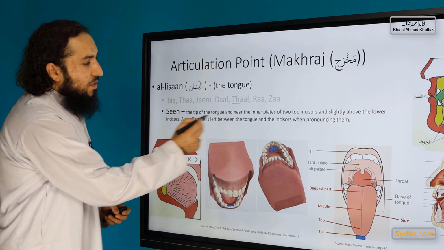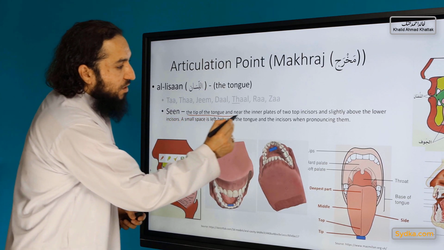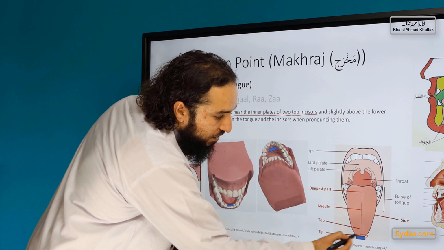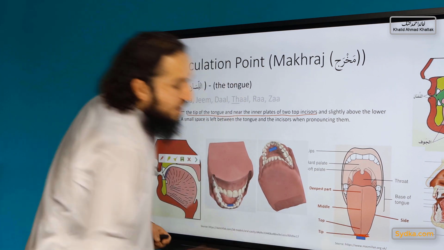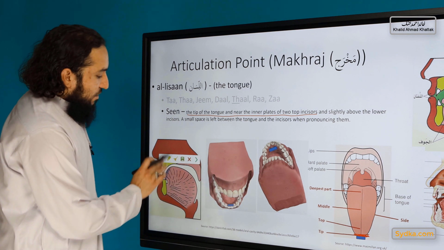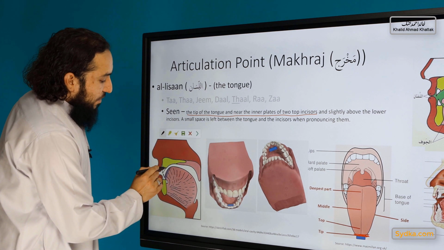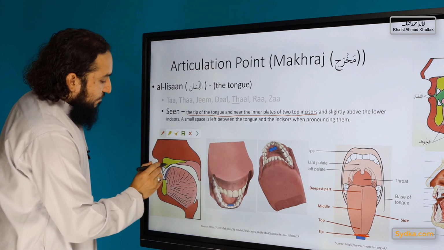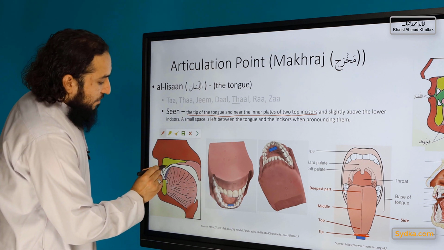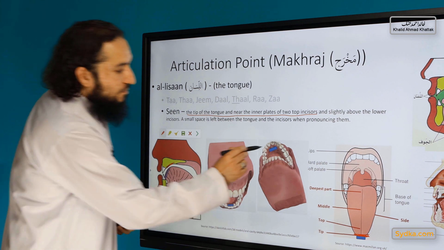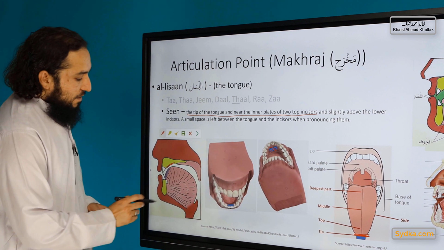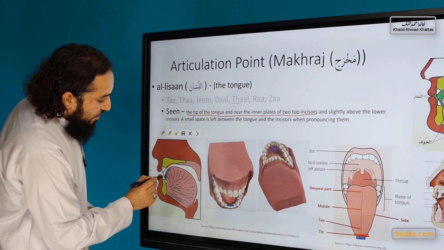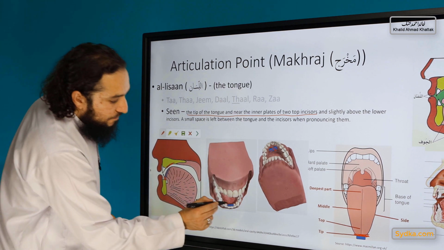The tip of the tongue near the inner plates of the top two incisors. So the tip of the tongue is used, and near the inner plates of the top incisors, and slightly above the lower incisors.